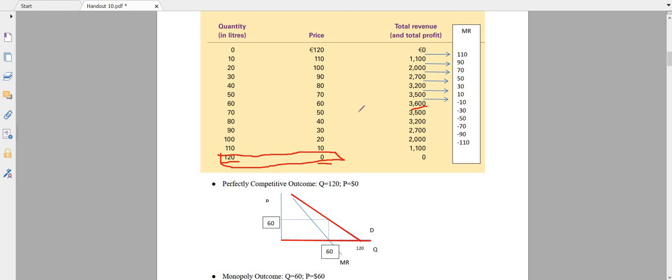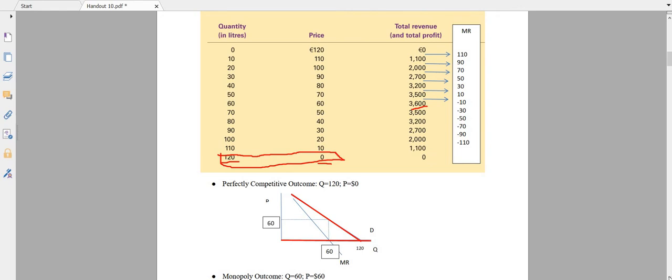But this cannot be considered the equilibrium of a perfectly competitive market, because each firm must be earning some positive economic profit. This is going to give incentives for new firms to enter, and the new firms will continue to enter until the profit is driven down to zero. You can see that the firms will continue to enter until quantity is 120, price is zero, and each firm is earning zero economic profits. So that's the perfectly competitive outcome.